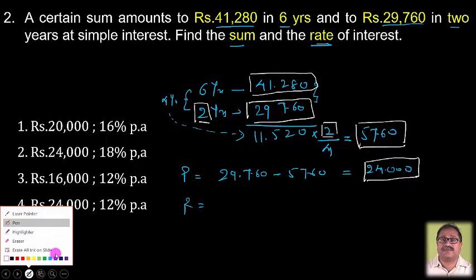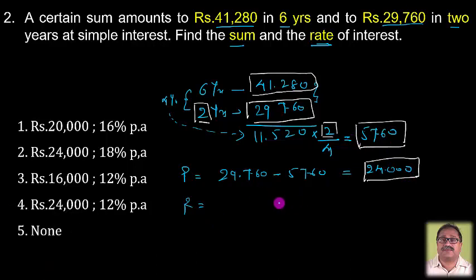So rate is equal to 5,760 into 100 by 24,000 into 2 years, because the interest which is taken, 5,760, is for 2 years.